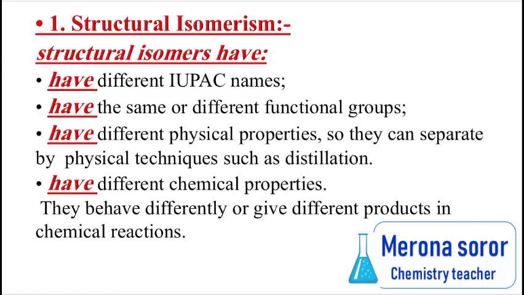Structural isomers have different IUPAC names, the same or different functional groups, and different physical properties, so they can be separated by physical techniques such as distillation. They also have different chemical properties: they behave differently or give different products in chemical reactions.